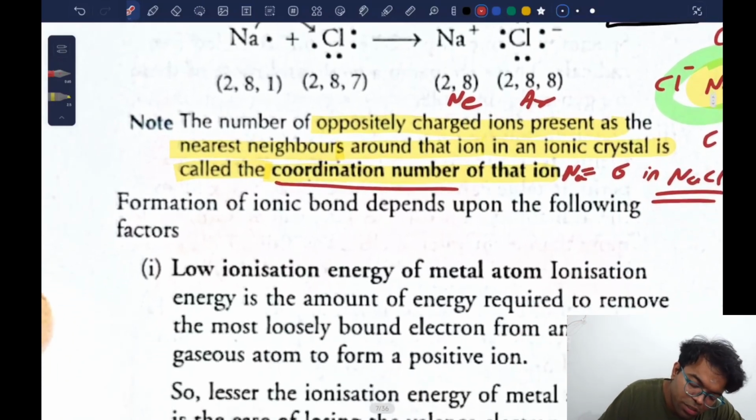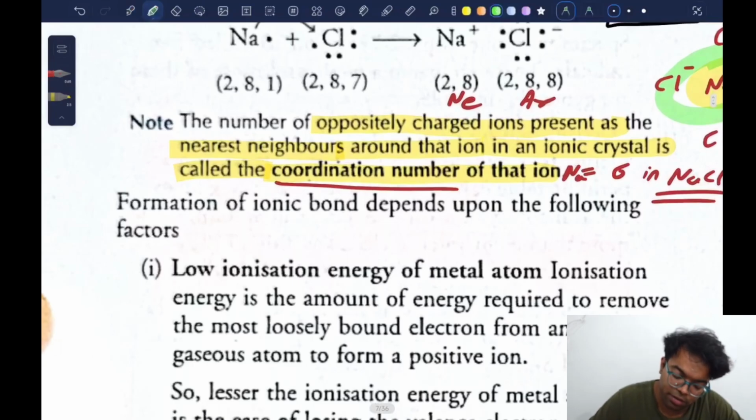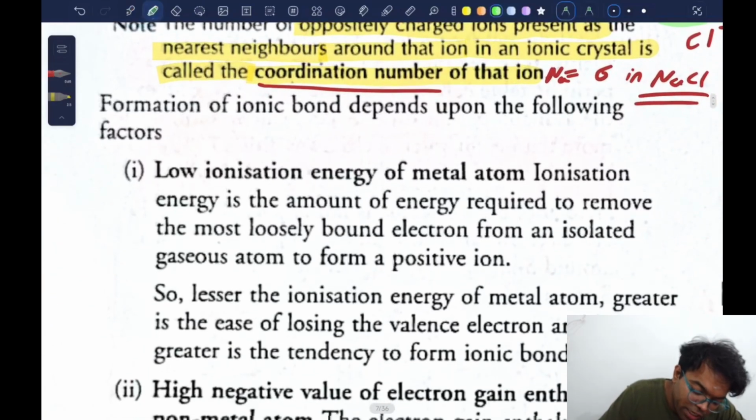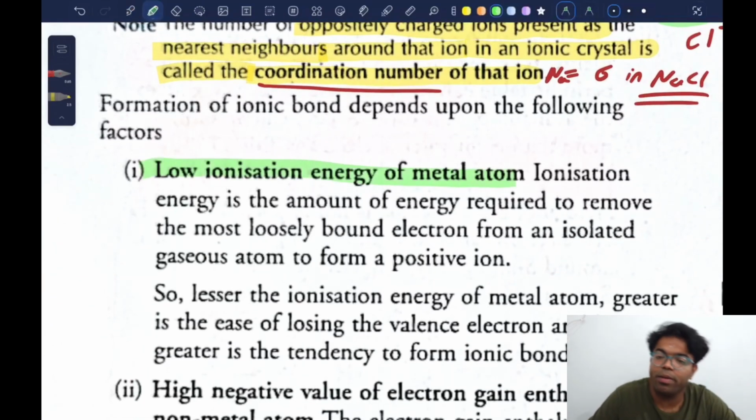Next, formation of ionic bond depends upon the following factors. The low ionization energy. What is ionization energy of a metal, Drupad? What is ionization energy? Can you please tell me?